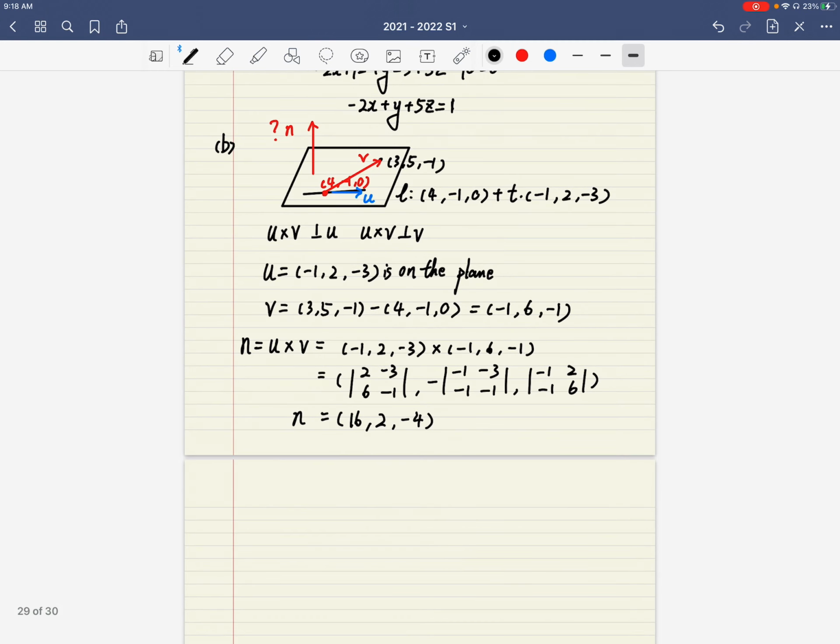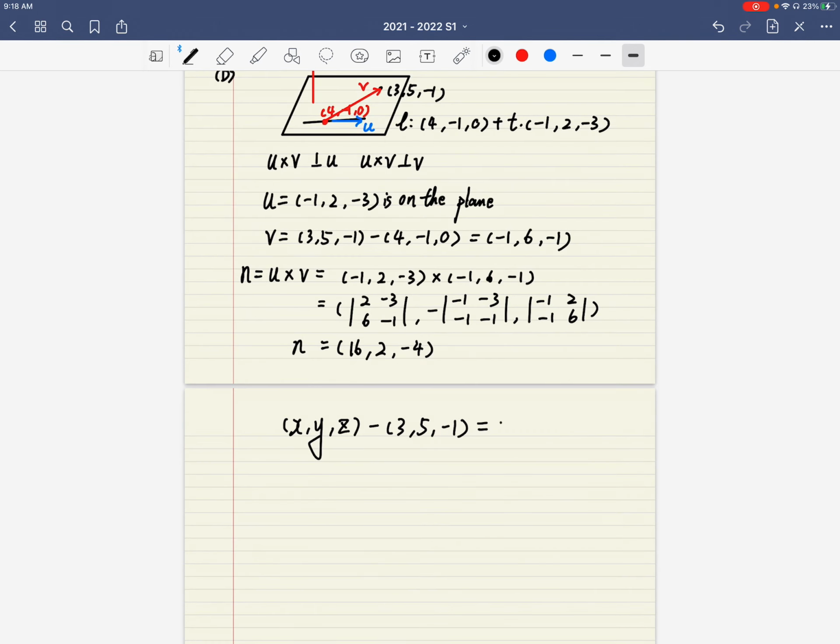Now we can do the same trick as in part A. We can pick a random point on the plane and connect it to 3, 5, -1. Then we have a random vector on the plane: x minus 3, y minus 5, z plus 1.